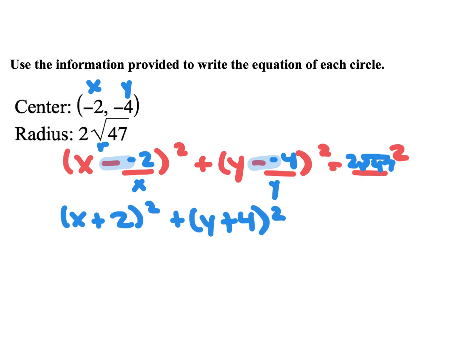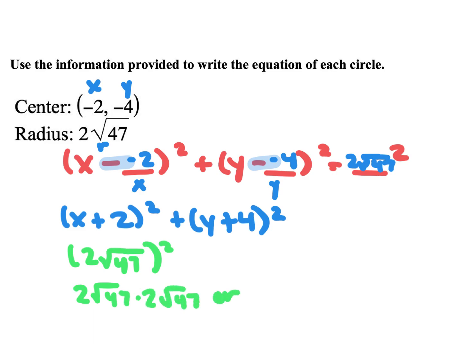And then to simplify 2 square root of 47, I can either think of it as 2 square root of 47 times 2 square root of 47, or 2 squared and the square root of 47 squared.